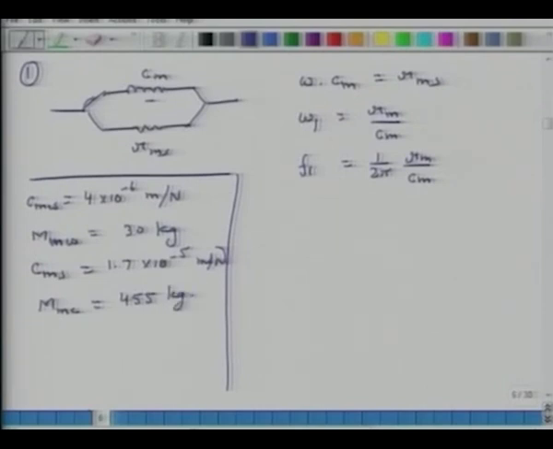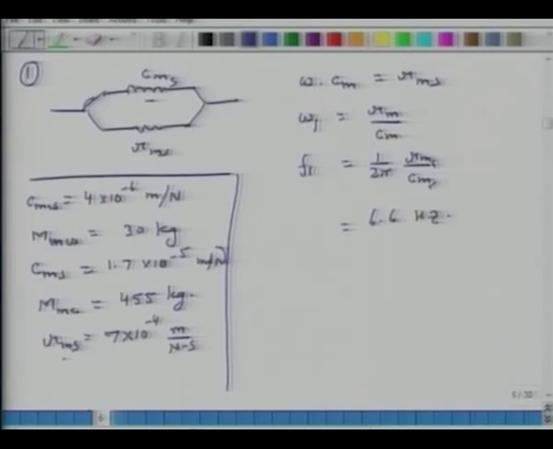Did I miss anything? RMS is 7 times 10 to the power of minus 4 meter over Newton second. So I plug in RMS and CMS, and what I get is F1 is 6.6 hertz. What does that physically mean?